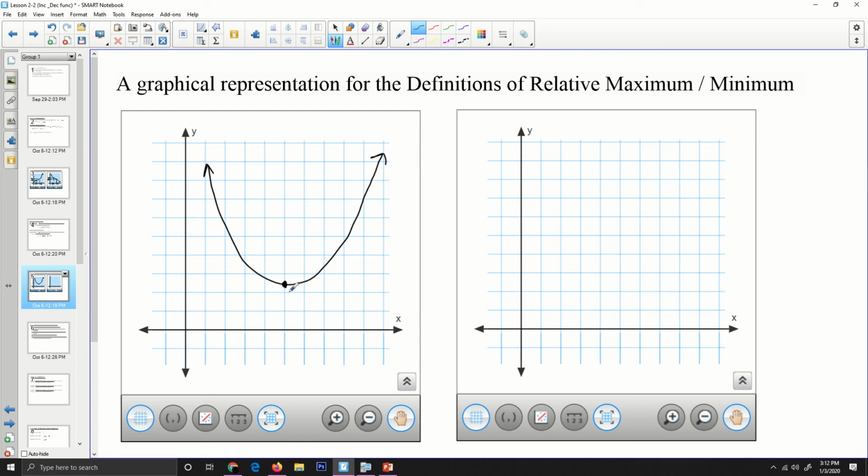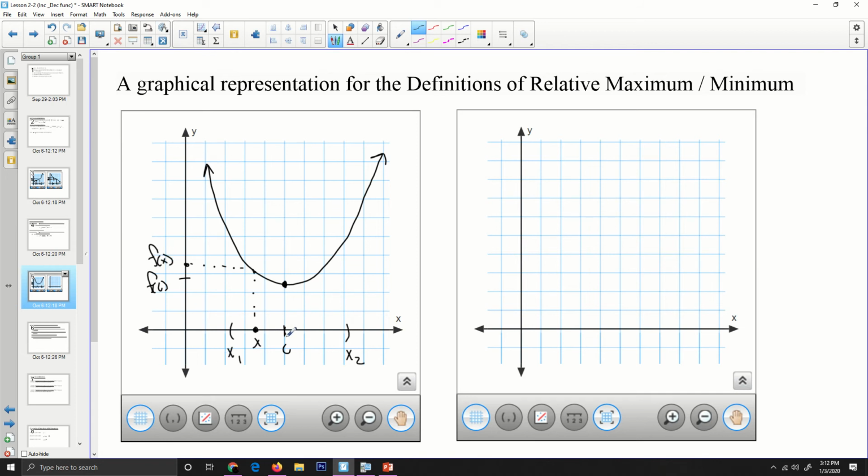I'm just going to call this point right here my C, and this is my f of c when I follow that point over there. If I have an open interval x1 to x2, and I don't know why they didn't use a and b like they did in the first one, if I were to pick any point x in here, I'm just going to randomly pick this point here and call it x, and I follow that up and then over, I get f of x right here.